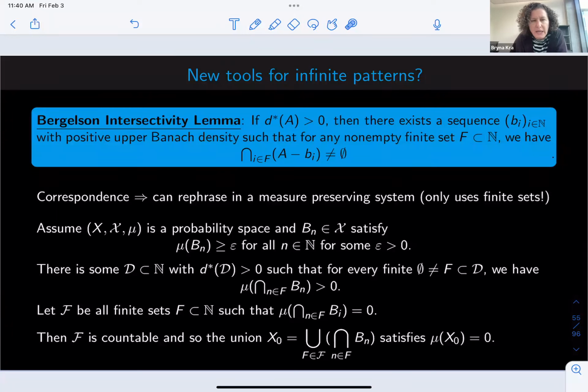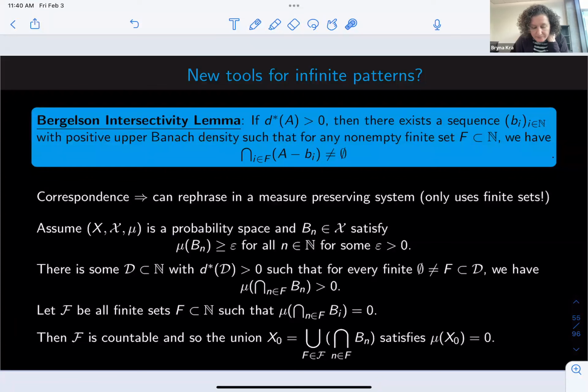I'll give you a quick recap. I don't expect you to follow this in real time, but it's just to indicate what's going on here. To understand this intersectivity lemma, you can think about it in measure preserving systems, and that's the way I would prove this. Instead of dealing with integers, by going through Furstenberg's correspondence, you can think about sets B_n, which all have measure bigger than or equal to epsilon.